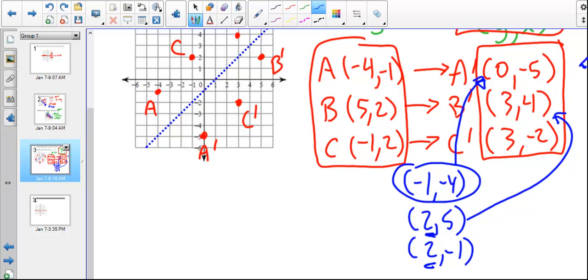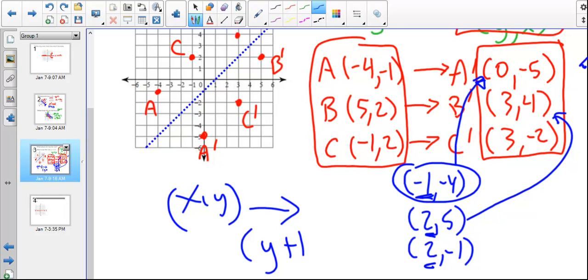So it seems like instead of just switching the x and y, I switch the x and y, and then I add 1 to what I get when I switch, right? So I switched it, got -1, added 1, and got 0. I switched the coordinates, and so 2 became my x right here, and then I add 1 and I get 3, and so on.